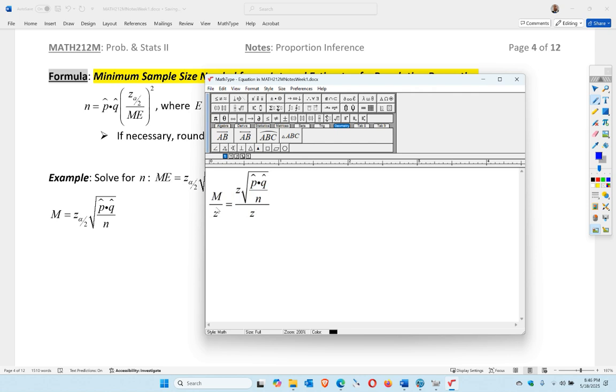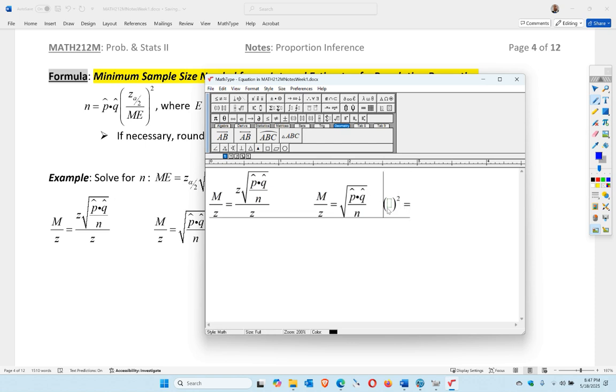So as a result, I'm going to get this equals this. Okay. Then I'm going to square both sides. If I square both sides, square this side and square that side, that will get rid of the square root because square and square root cancel, right?